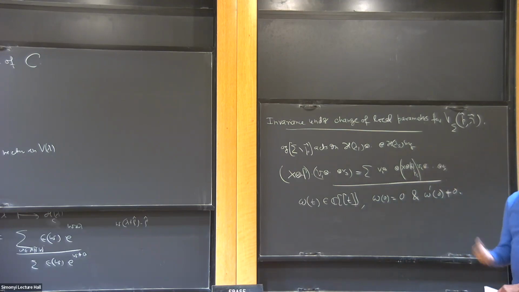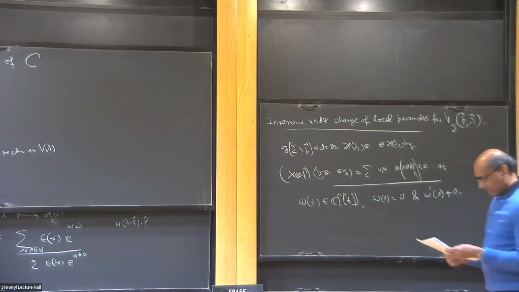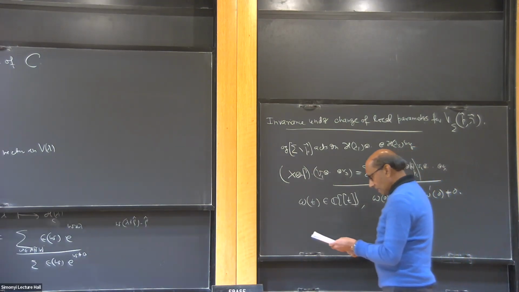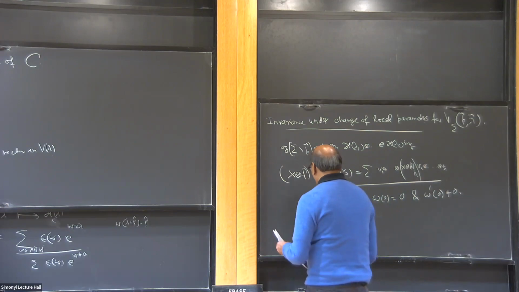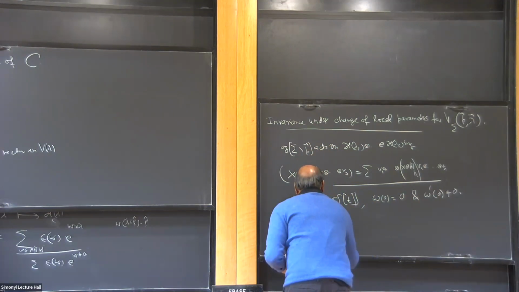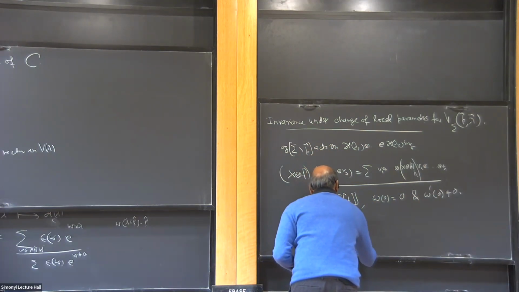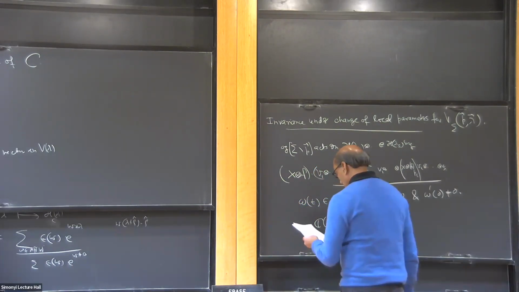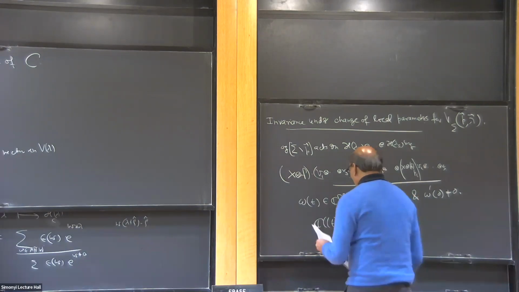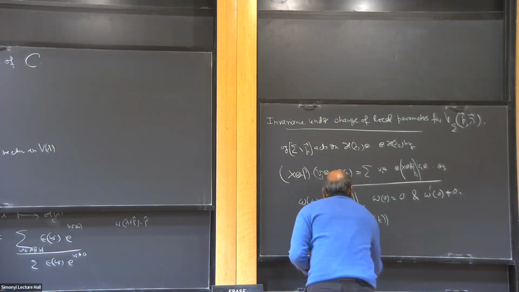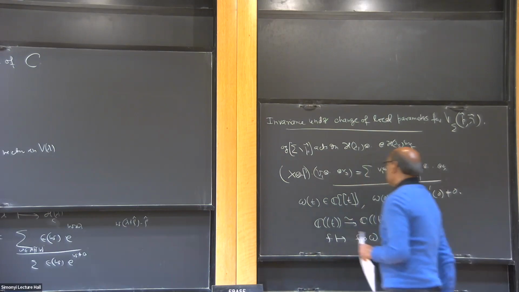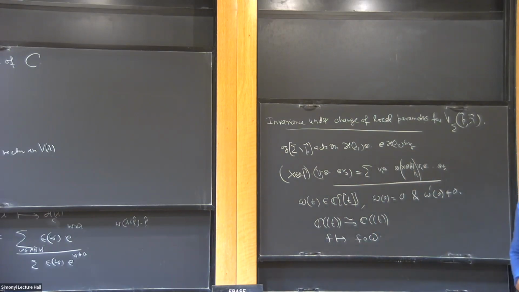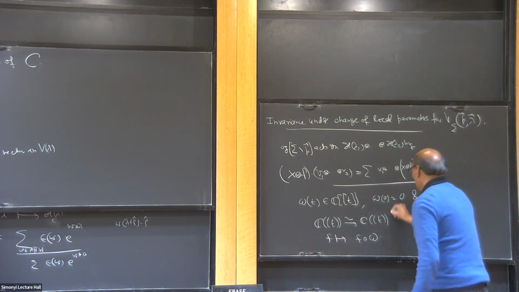So if I fix one local parameter, any other local parameter is given like that. Now this gives us an automorphism of C((t)), that is, F going to F composed with omega. So this gives me an automorphism of the field.